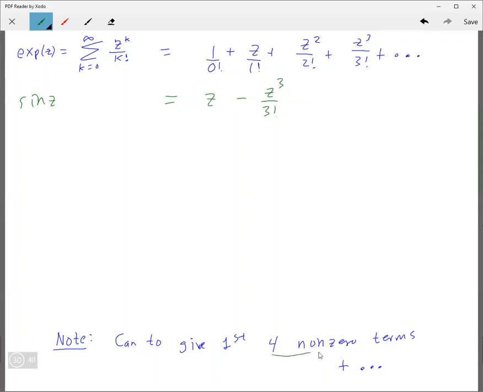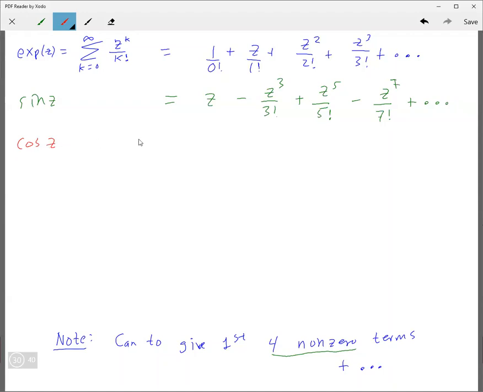I want 4 non-zero terms, so I do 2 more terms. z to the 5th over 5 factorial. And what do you think the next term is? z to the 7th over 7 factorial. Exactly. So minus z to the 7th over 7 factorial, and then put dot dot dot. So 4 non-zero terms plus a dot dot dot.